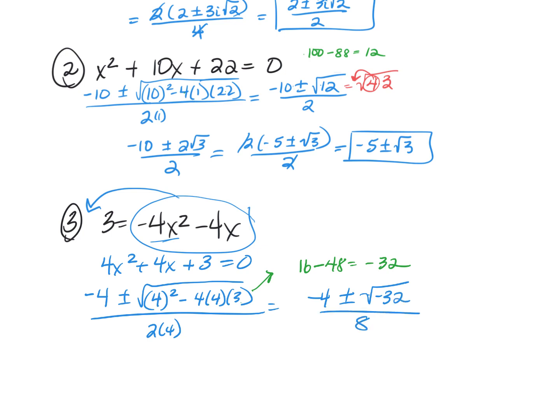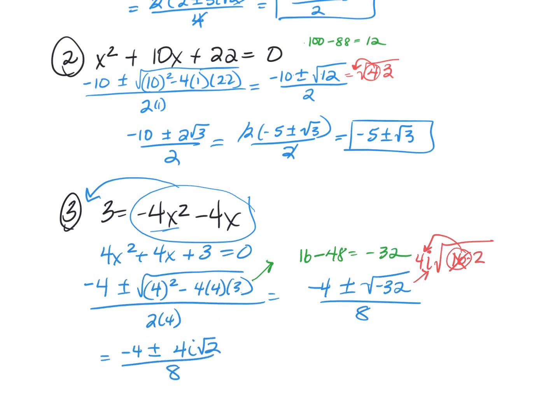Okay, now negative 32 does clean up. Let's clean this up. I can take an i out, that takes the negative out. 32 is 16 times 2, so I can take a 4 out and leave the 2 inside. So now I've got negative 4 plus or minus 4i square roots of 2 over 8. Now I think about reducing.